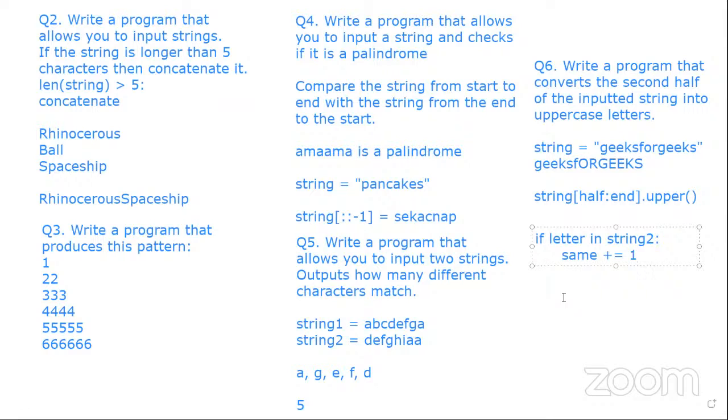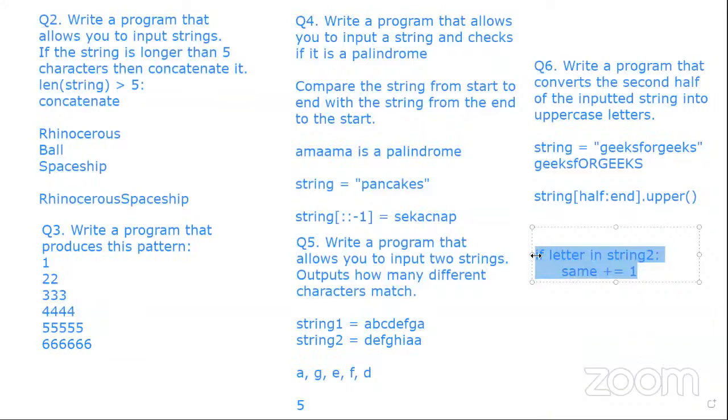Which is something very clever that Hasna did, okay, is that basically in this code, you get each letter from string 1, and if that letter in string 1 is in string 2, then it increments same by 1. It's a counter. This same thing just counts how many different characters match. So you got to use this.